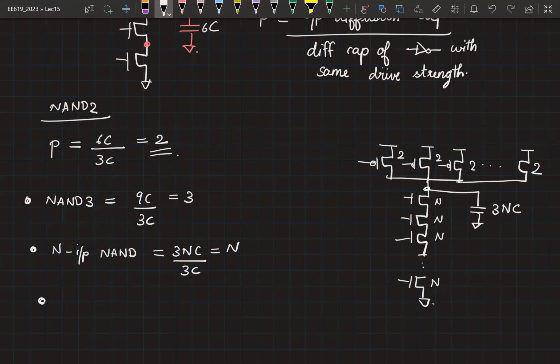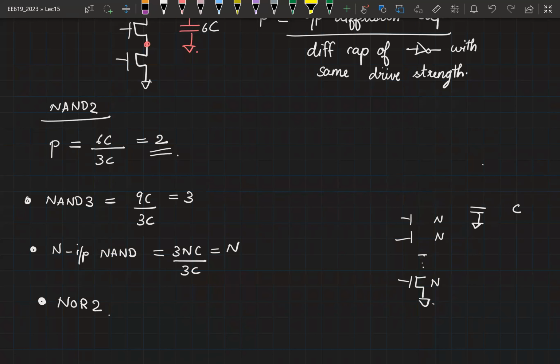What about NOR2? When in doubt, sketch out the circuit. So let's see.